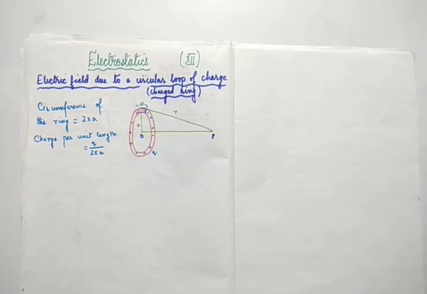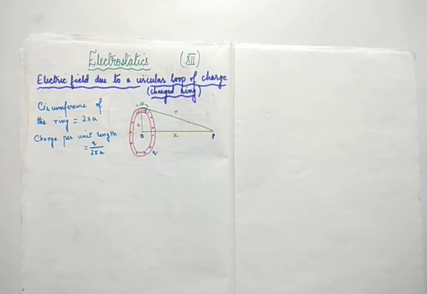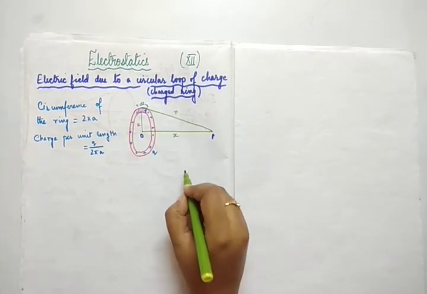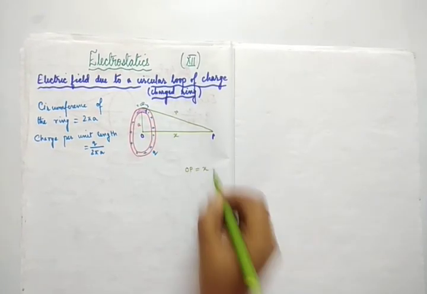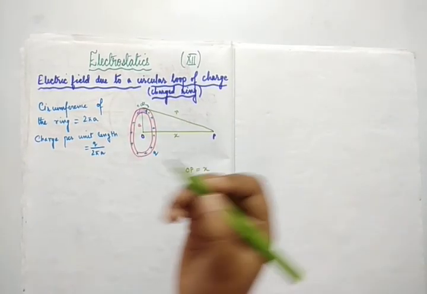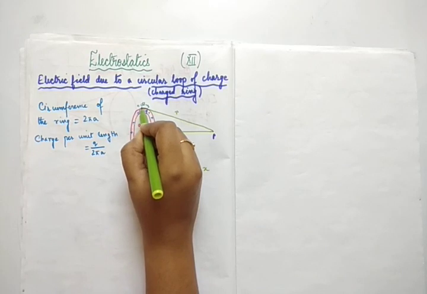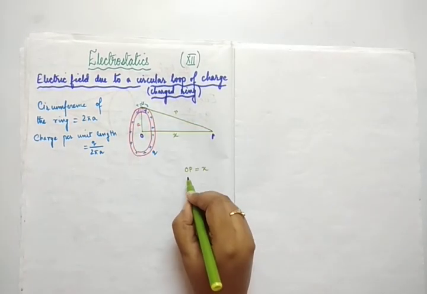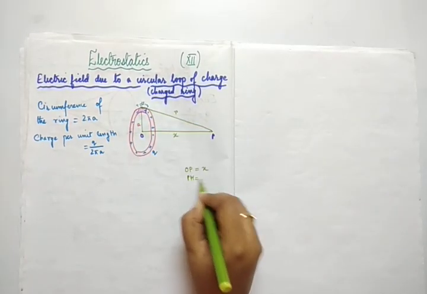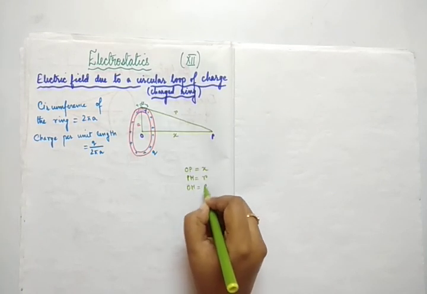Another thing, let us consider this point P is at a distance x from O. So OP equals x, and if this point is M, then PM equals r and OM equals a.